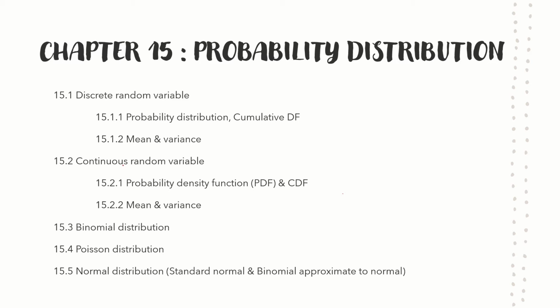It is normal, so you had better take note. Make a note, differentiate between discrete and continuous, and also these three types of distribution. Okay, so that is all about the probability distribution chapter 3.